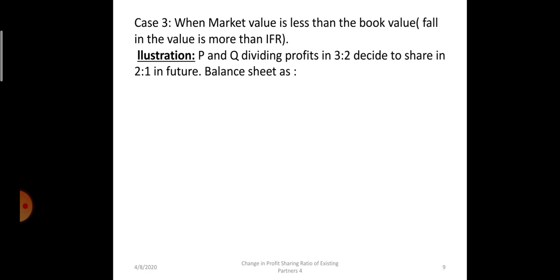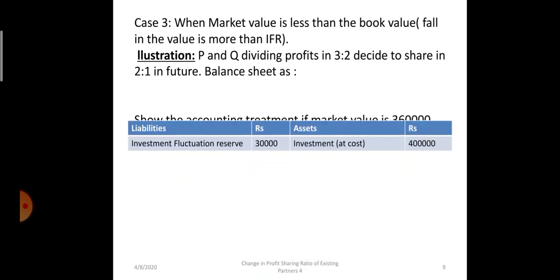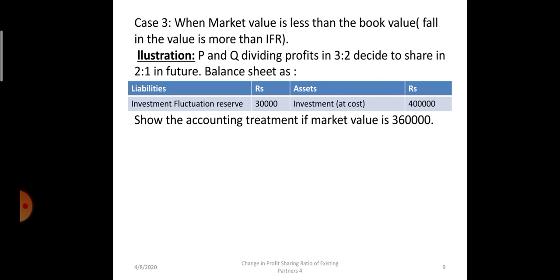Same question, P and Q sharing profits in the ratio of 3:2. In future they are going to divide it in the ratio of 2:1. Balance sheet showed that investments were acquired at 4 lakh rupees, and the investment fluctuation reserve showed a balance of 30,000, and the market value is 3,60,000. That means a loss of 40,000, and in the fund only 30,000 is left, so 10,000 excess loss is there.